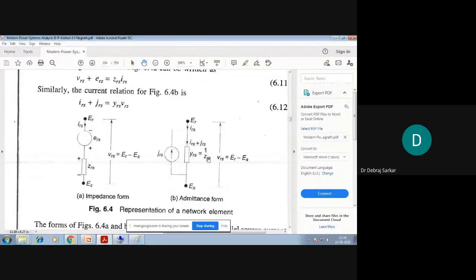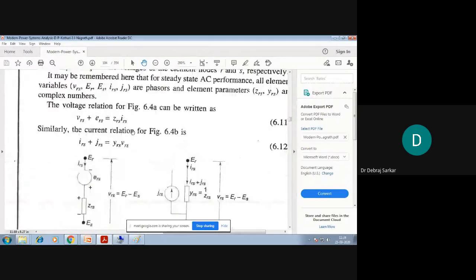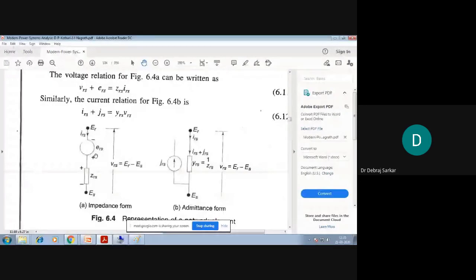Now in that case, VRS is ER minus ES, the receiving end voltage minus the sending end voltage. This is the summation of the voltage across the source and the voltage drop across the resistance.